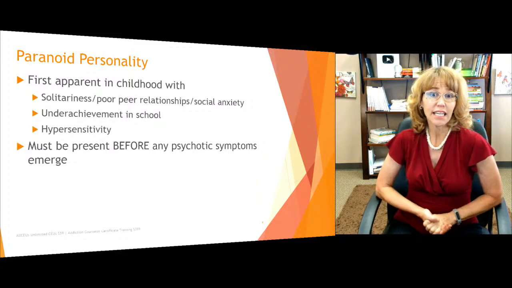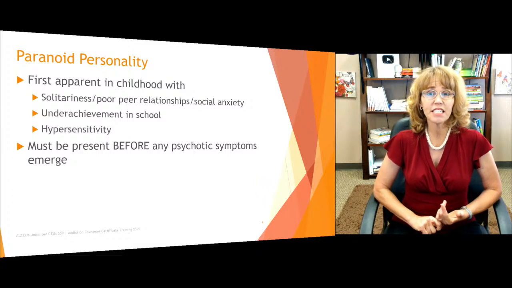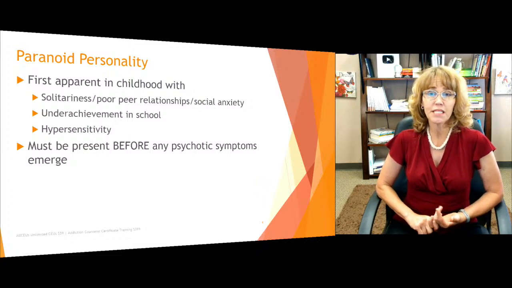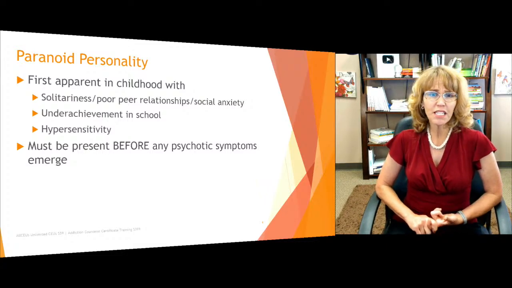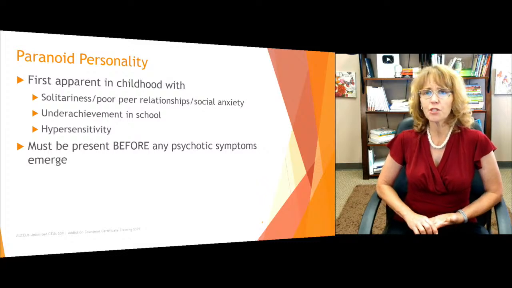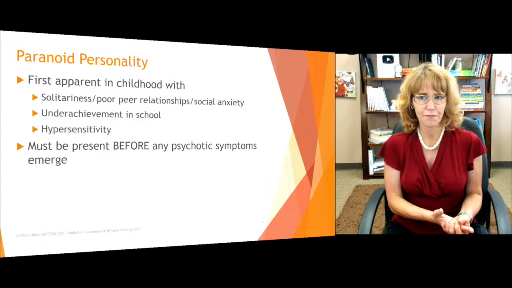Paranoid personality is first apparent in childhood with solitariness, poor peer relationships, and social anxiety. There's underachievement in school, and the child seems to be hypersensitive.